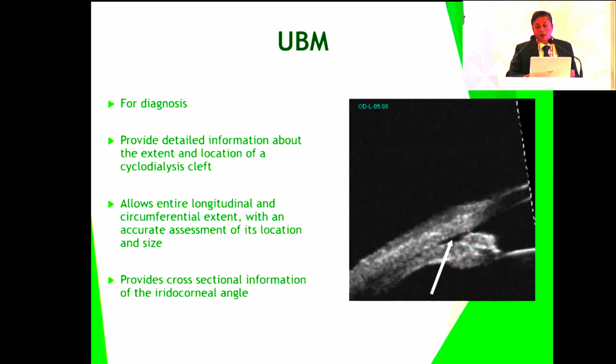And for confirmatory diagnosis, UBM. You can see this is the cleft. UBM provides the detail if you have the facility, and if the UBM is done properly, it gives a very clear idea. You can get the whole longitudinal and circumciliary extent, and how many clock hours of cleft there are.